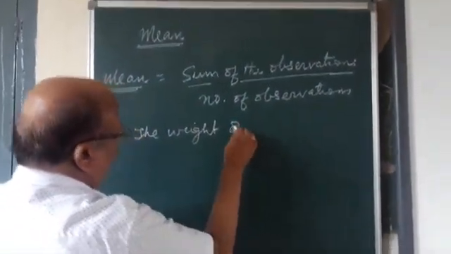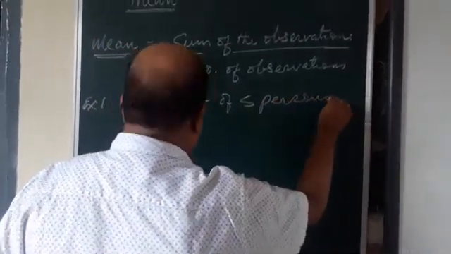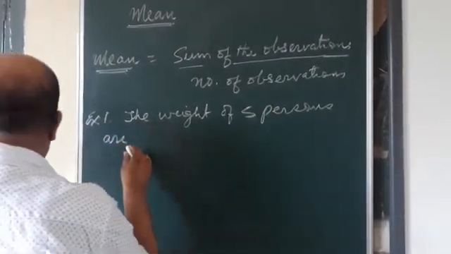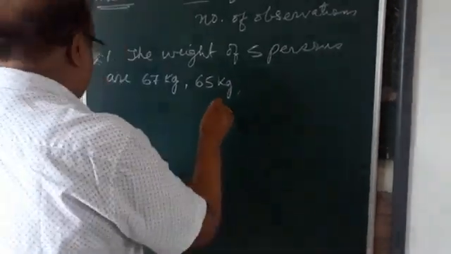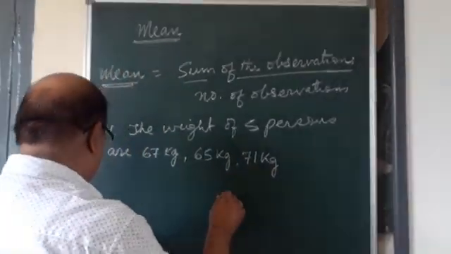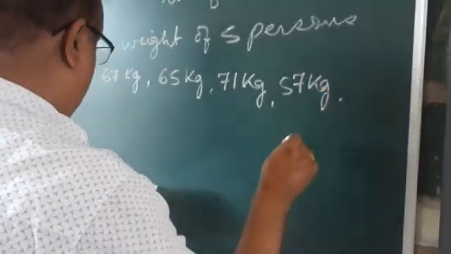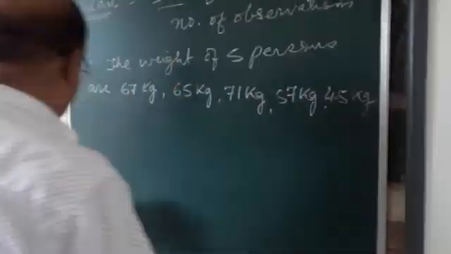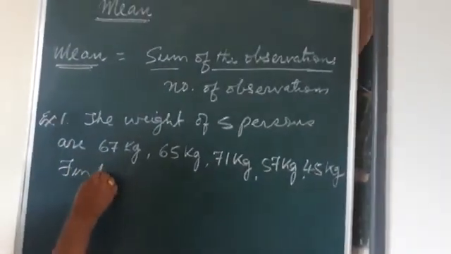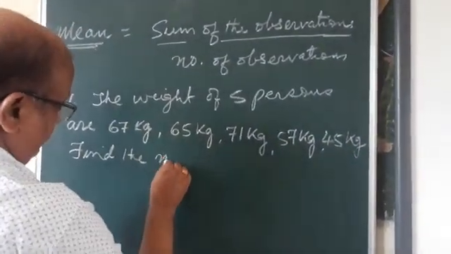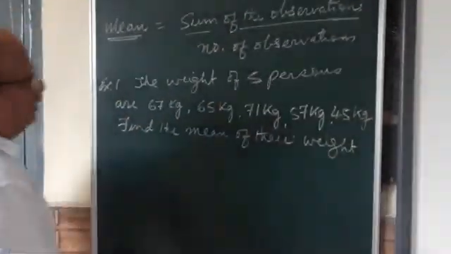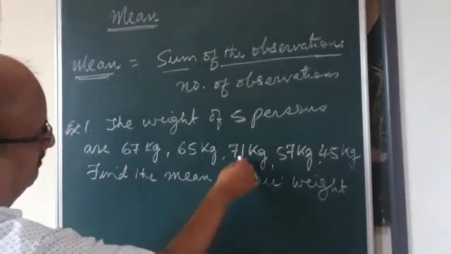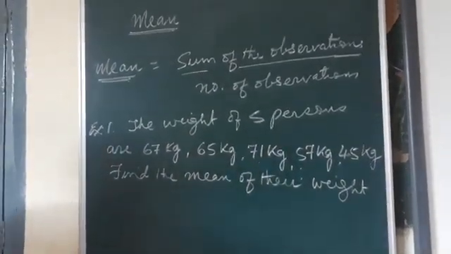The weights of 5 persons are 67 kg, 65 kg, 71 kg, 57 kg and 45 kg. Find the mean of their weight. So this is the question. The weights of 5 persons are 67 kg, 65 kg, 71 kg, 57 kg and 45 kg. Find the mean of their weight.